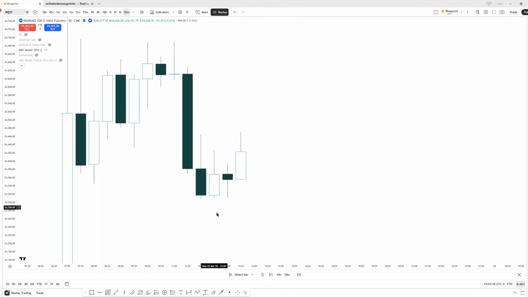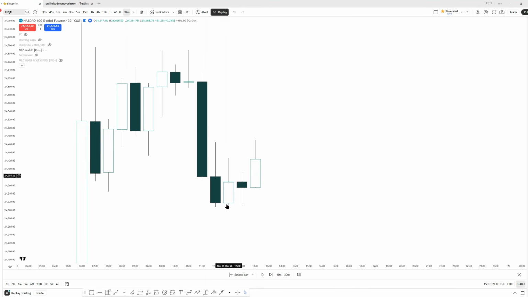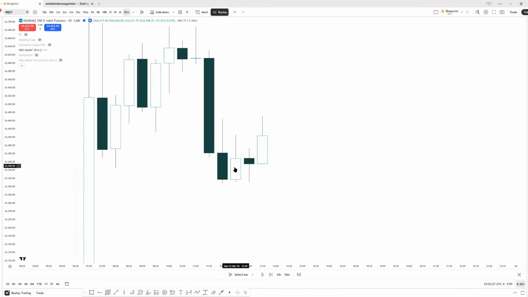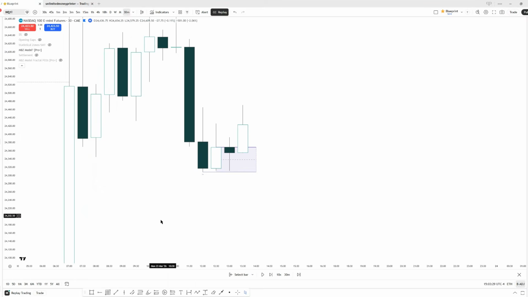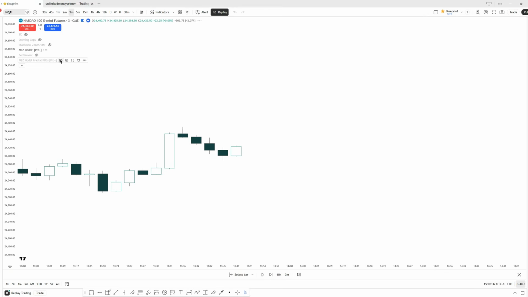Again, it's a type 4, and we'll get to the other types with the next upcoming lessons and or videos on this, but this is your type 4 MBZ because, again, it's a continuation model off the fair value gap. So we can see it's forming there. But now, let's see if we can fractalize that opportunity when we go back to the 3-minute.